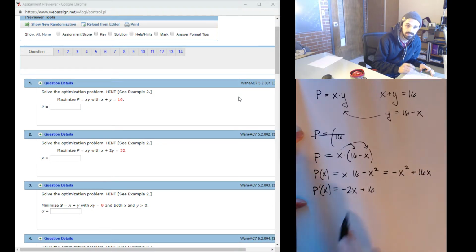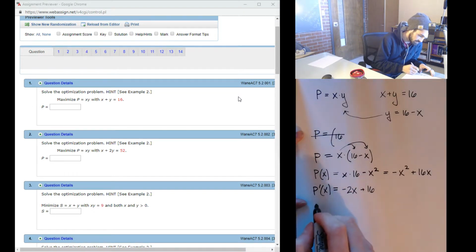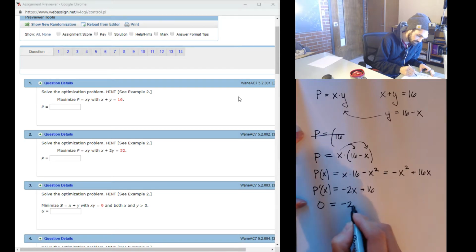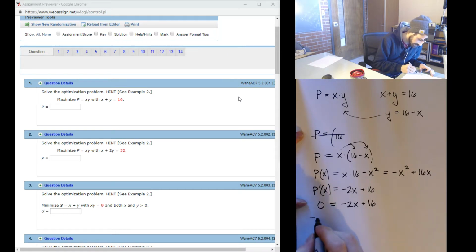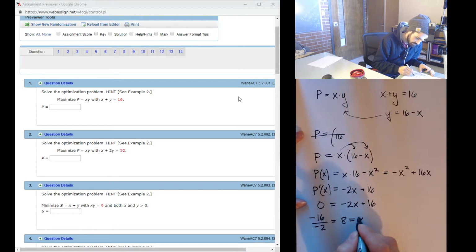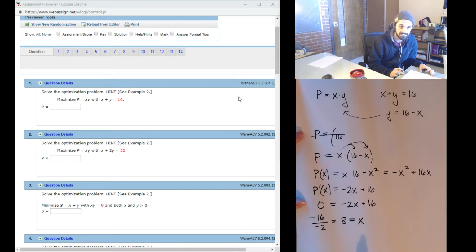So P prime of x is equal to minus 2x plus 16, and this is what we want to set equal to 0. So taking the derivative, setting it equal to 0, and then solving for the value of x that makes that statement true, you might see it already. So we see that x is 8.